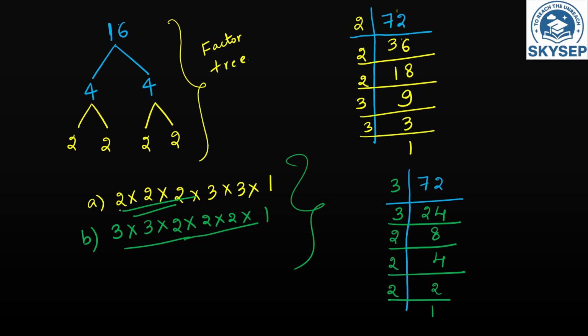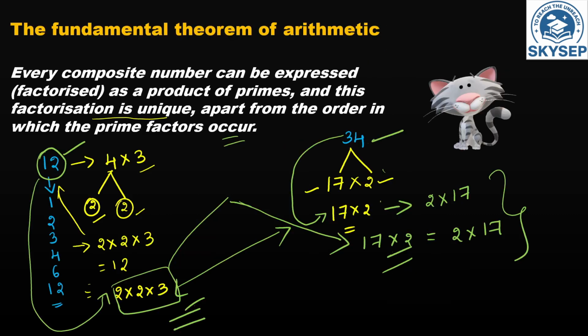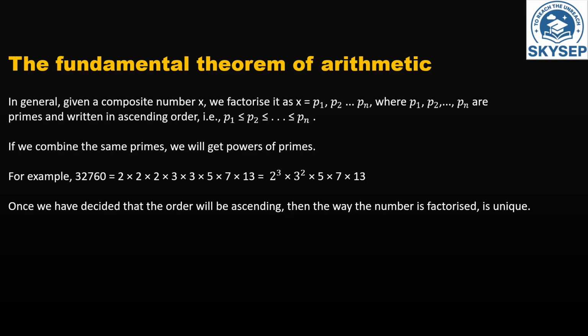So how many factors are coming here? 2 cube into 3 square into 1. How are you going to simplify this one? 3 square into 2 cube into 1. Both are the same, right? I am just replacing 2 cube into 3 square. The value is not going to change. So this is what the fundamental theorem of arithmetic states.